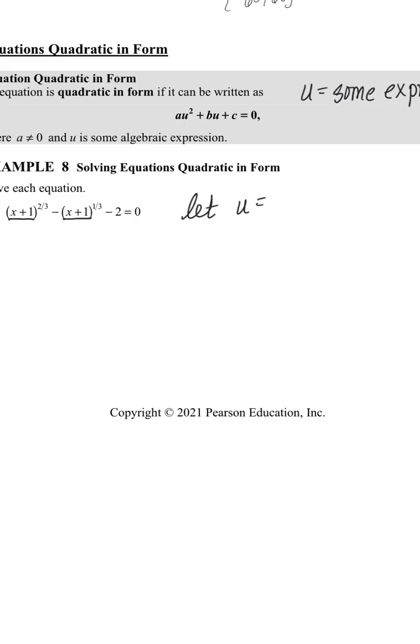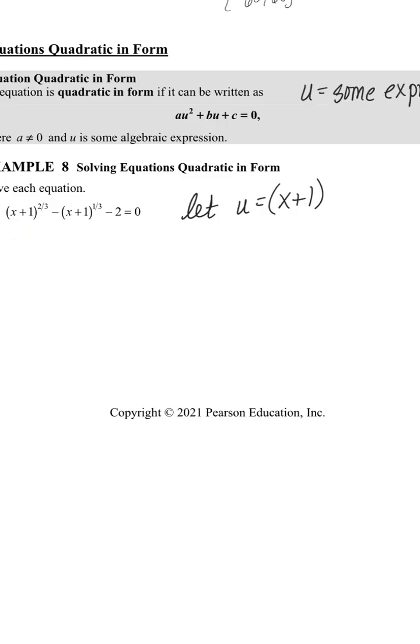So let u equal x plus 1. I'm going to replace this with a u, so this is u to the 2/3 minus u to the 1/3 minus 2. Actually, I have a better way to clean it up a little bit.